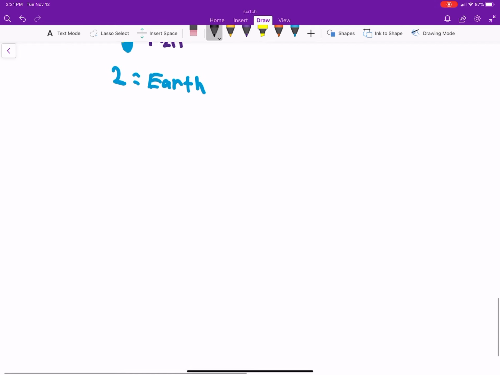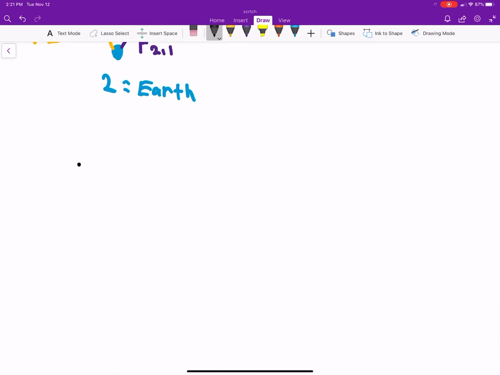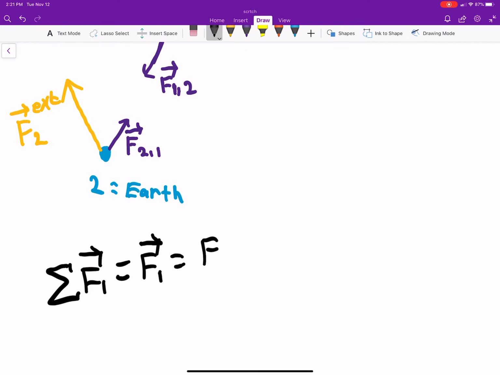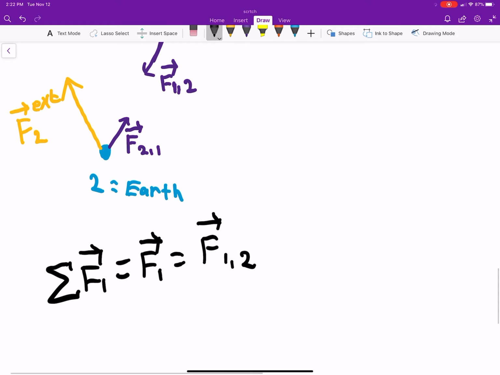Now let's work through this really quick. The sum of all forces on 1, I will call just F1. And what's that equal to? Well, that's going to be just the force exerted by the Earth onto the moon, plus F1 external, whatever the external forces may be.